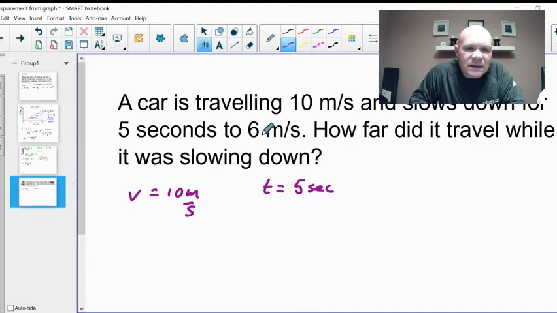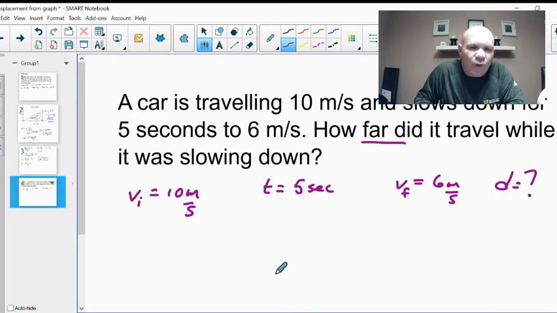And then I see it's going to have another speed. So this is another speed of 6 meters per second. So I have an initial speed and a final speed, or it could be speed 1, speed 2. Okay. And once again, how far did it travel? I want to know my distance.